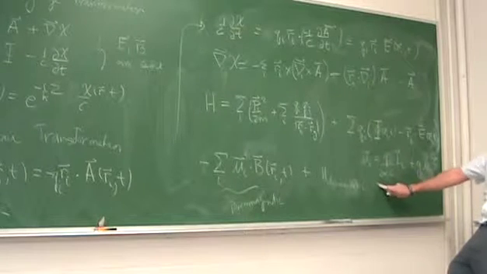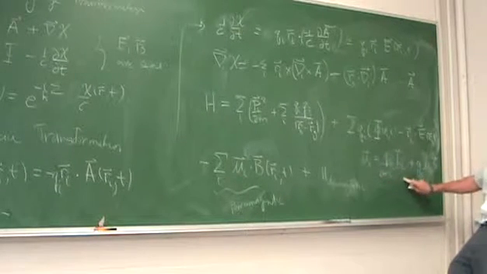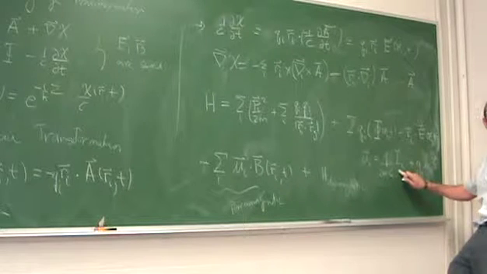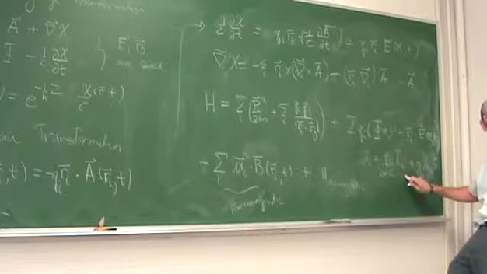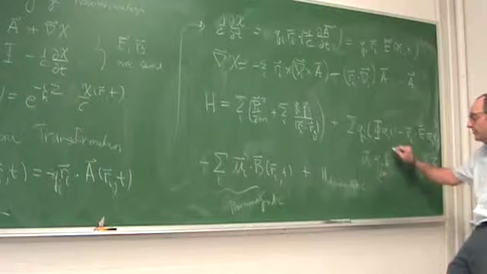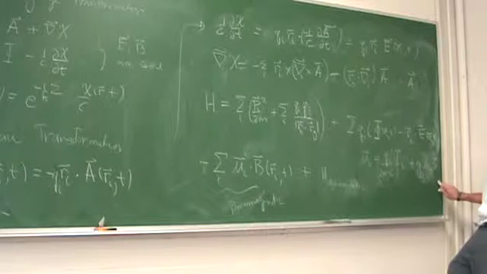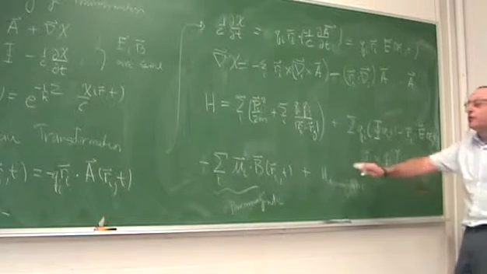So I have an orbital contribution to the magnetic moment, depending on the orbital angular momentum of the i-th particle, with a factor here that's the usual gyromagnetic ratio. In addition, I have spin. And this could also involve the nuclei. There'll be another term for the nucleus.